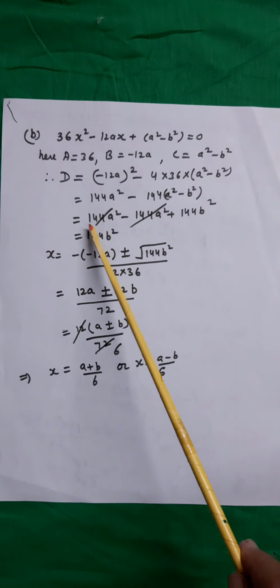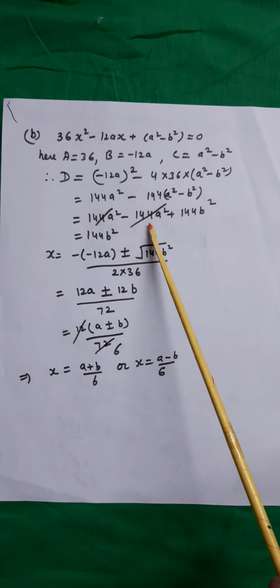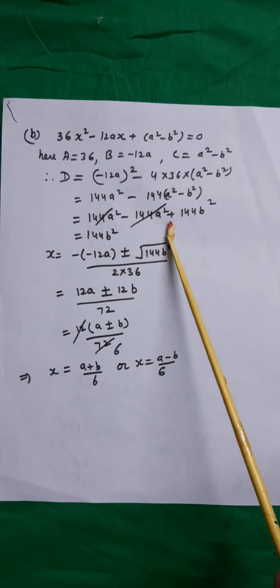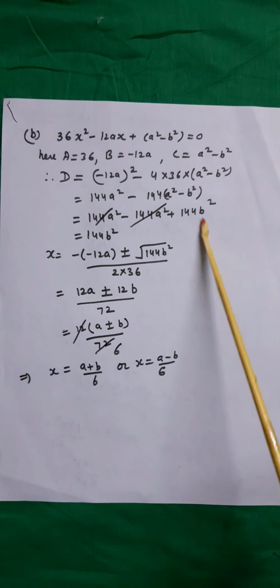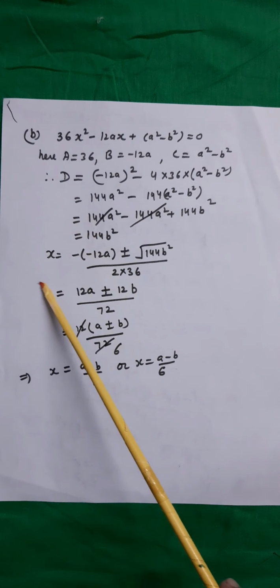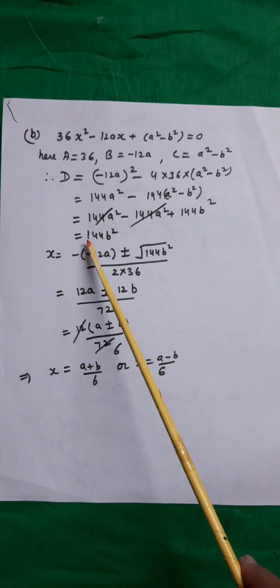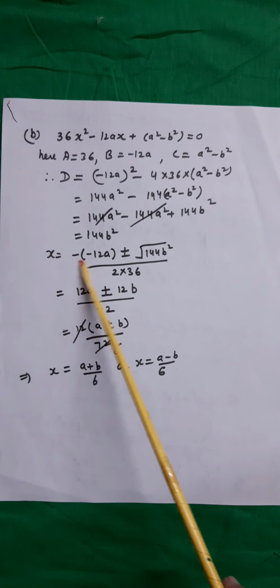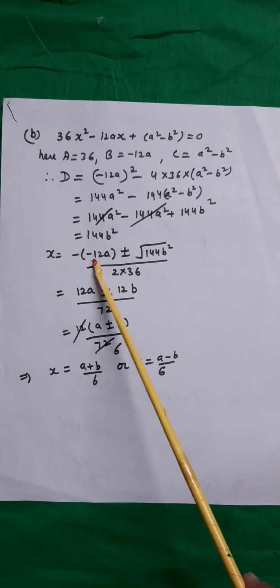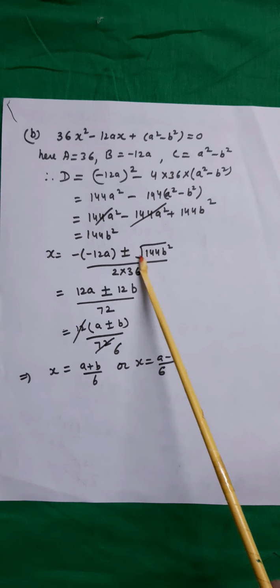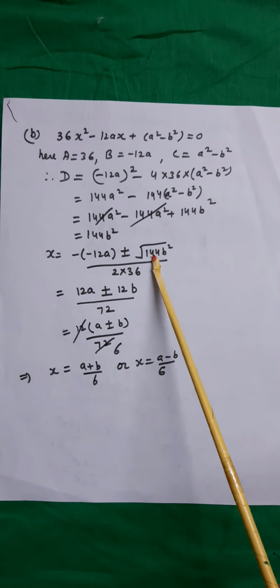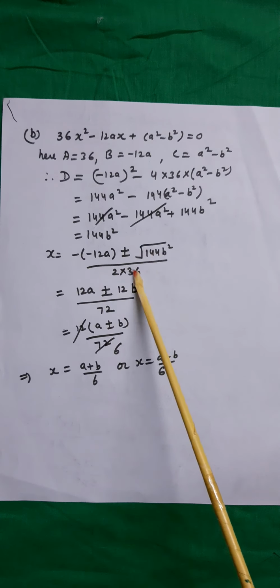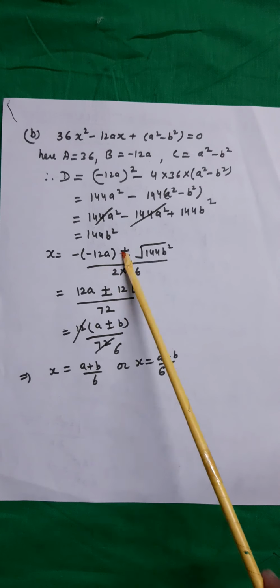Open the bracket. 144a² − 144a² + 144b². These two are like terms, they get cancelled here. So I have 144b². Now x will be equal to (−b ± √D) / 2a, where D is 144b².